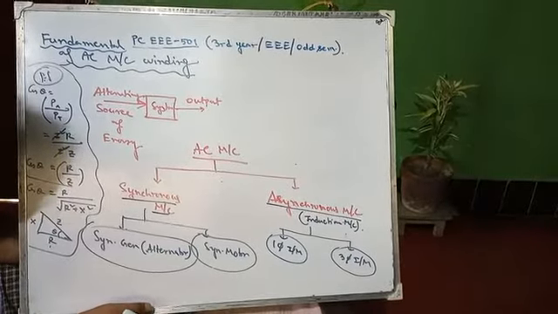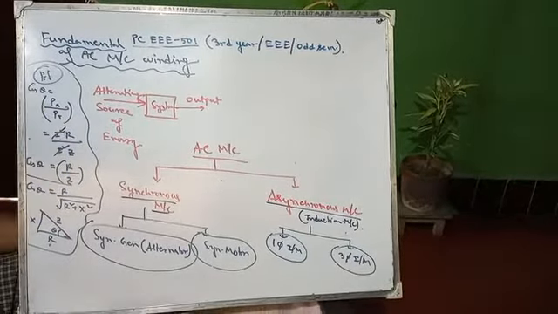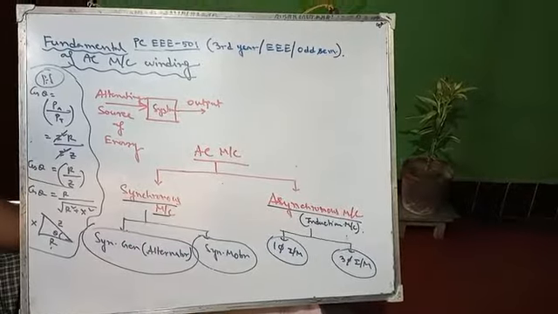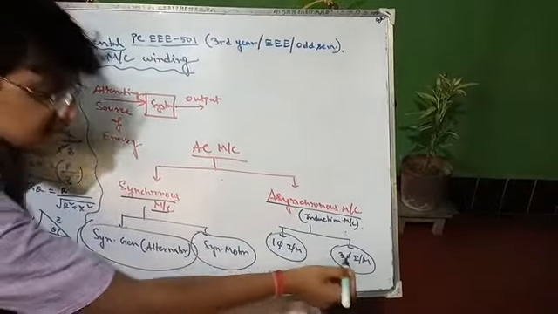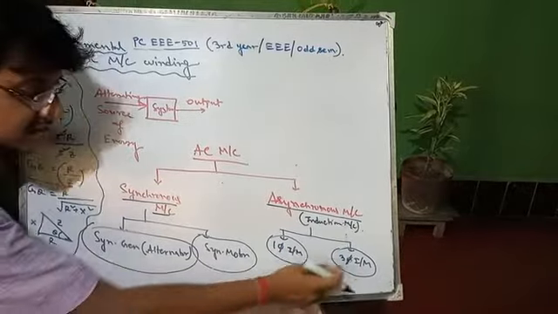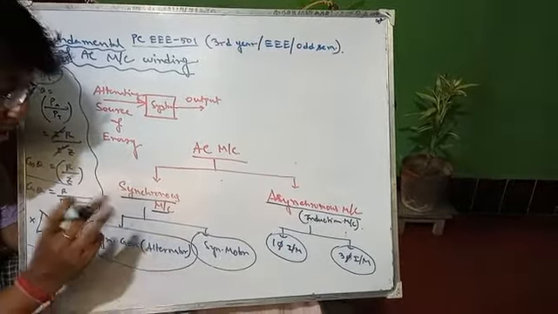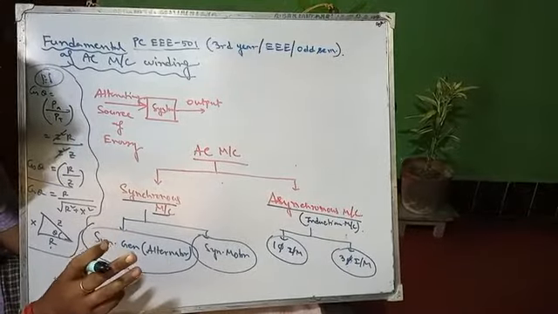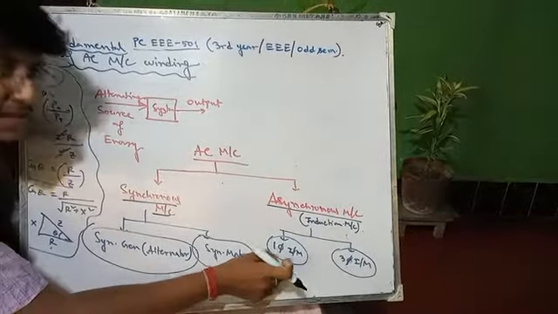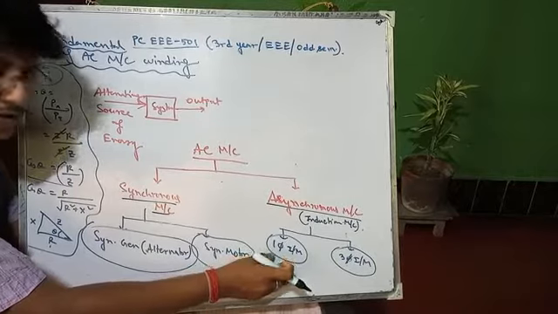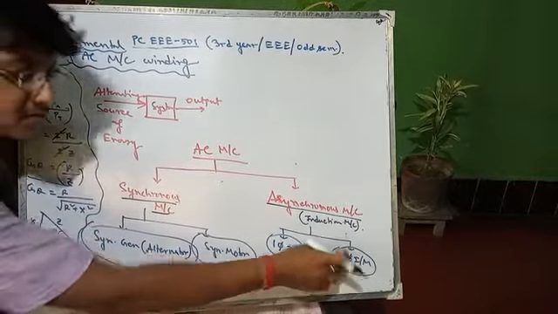Next one is the asynchronous machine. Asynchronous machine means the single phase induction motor. Actually, the three phase induction motor and single phase induction motor have the same operating principle, but in the case of single phase the power conversion is smaller compared to the three phase induction motor.